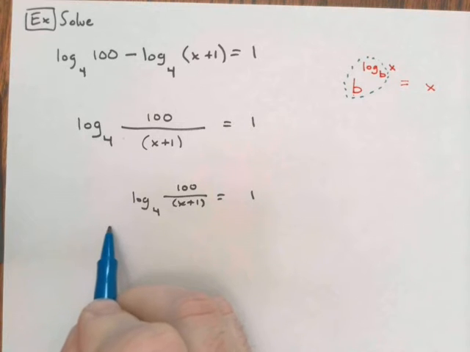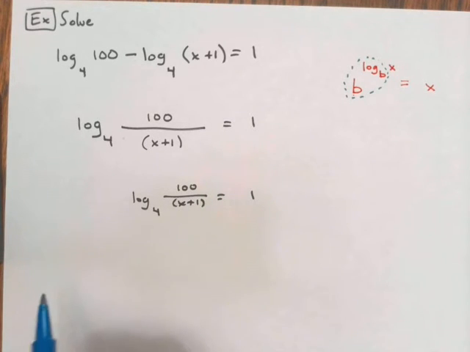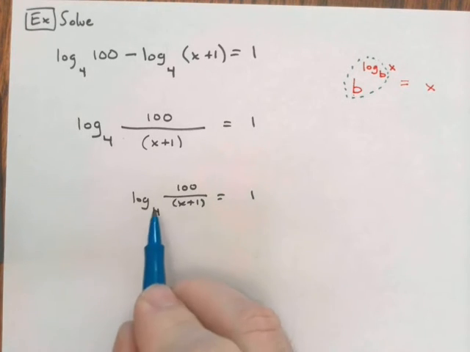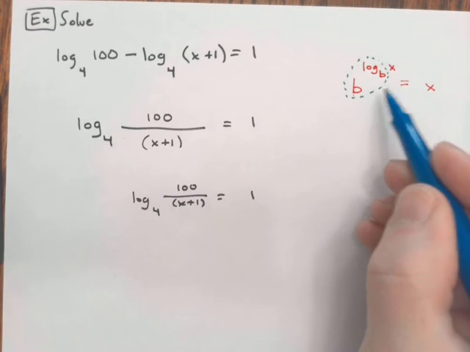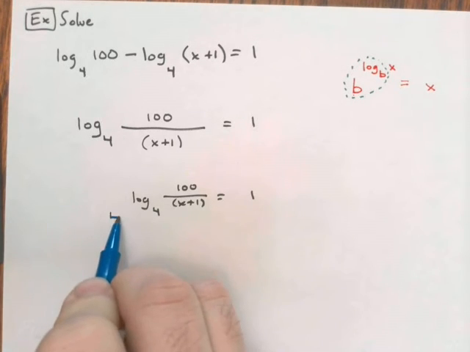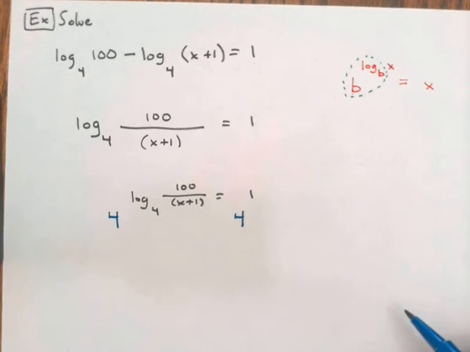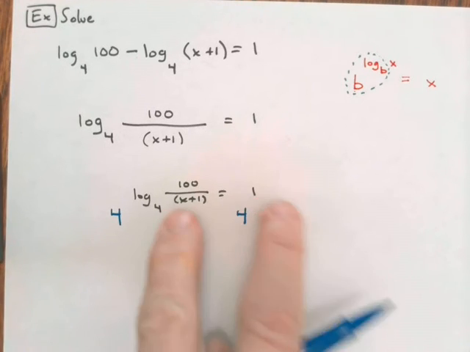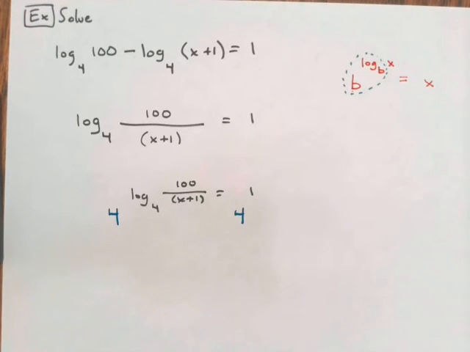This side will be something raised to this log base 4 power. I can choose the base here on both sides of my equal sign to be any number I want, but I'm going to choose it to be whatever the base of the log is so I can use this property. So I'm going to write the left and the right sides that we had in the previous step as exponents with a base of 4.